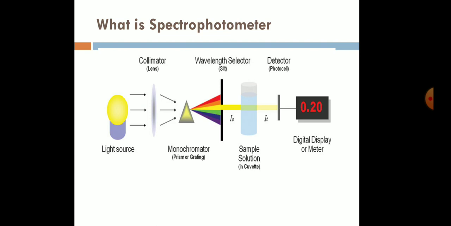The intensity of the light before passing through the sample is termed as I naught, that is, the intensity of the incident light. No absorption of the light has taken place when I naught has reached the sample.